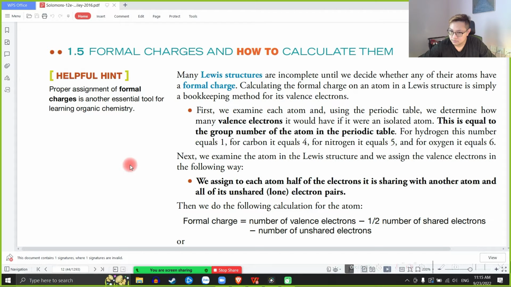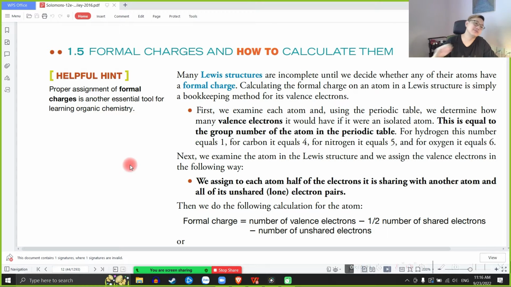Next, we examine the atom in the Lewis structure, and we assign the valence electrons in the following way. We assign to each atom half of the electrons it is sharing with another atom, and all of its unshared electron pairs.